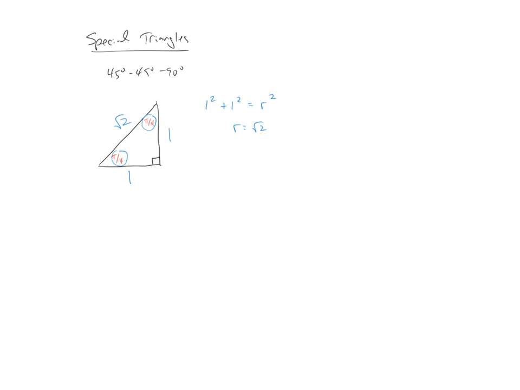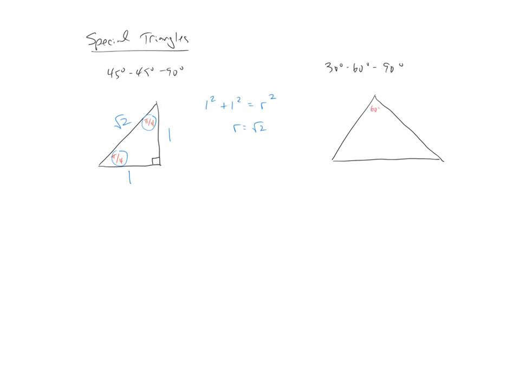Now, moving into our 30, 60, 90 triangle. To get this going, I'm going to start with an equilateral triangle, so a triangle whose sides all have the same length. Now, if that's true, then we're going to have angular measures of 60 degrees for all of them.